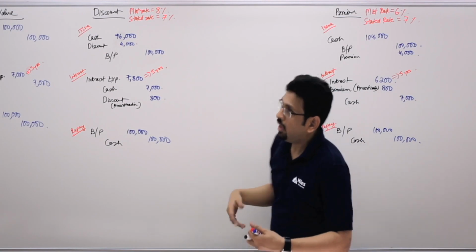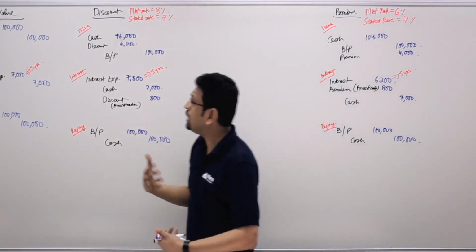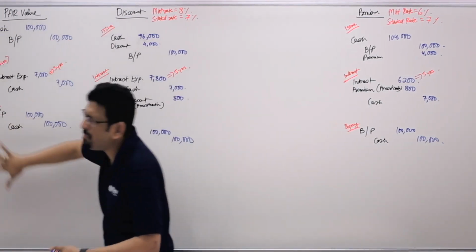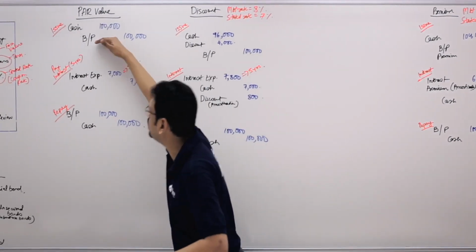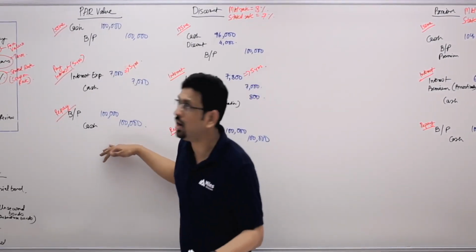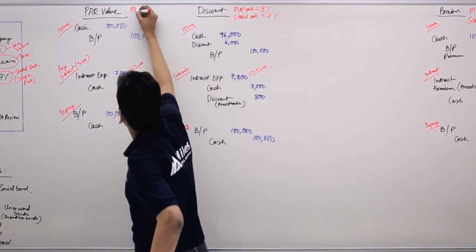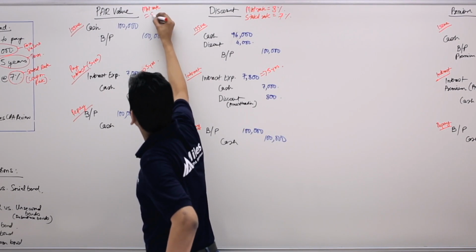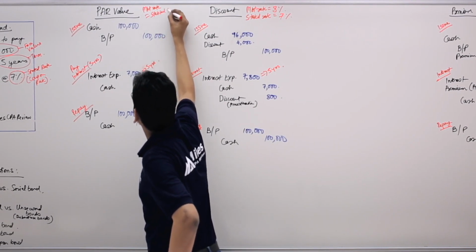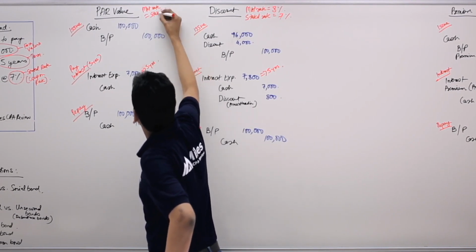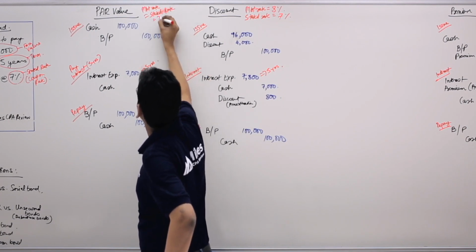So guys, if the market rate was equal to your stated rate, simple, easy. You issue it out for $100,000. When you repay $100,000. So in this case, market rate is equal to stated rate. Stated rate is equal to 7%.